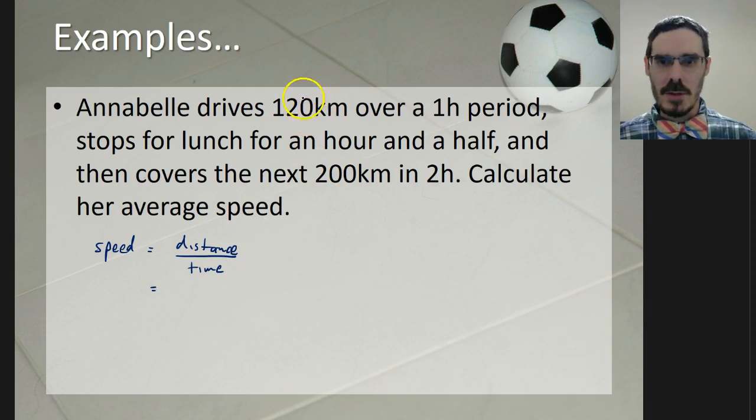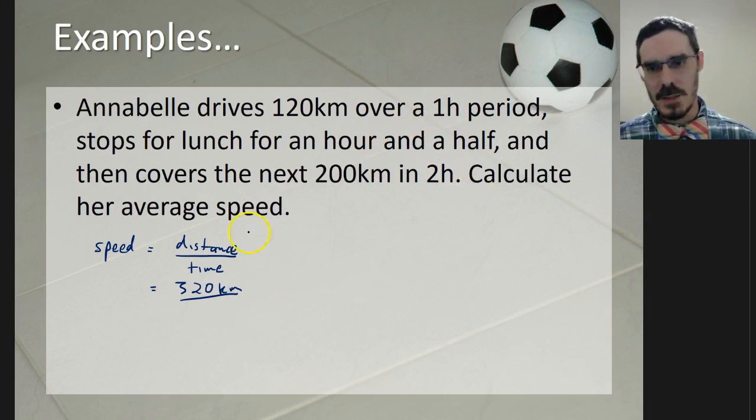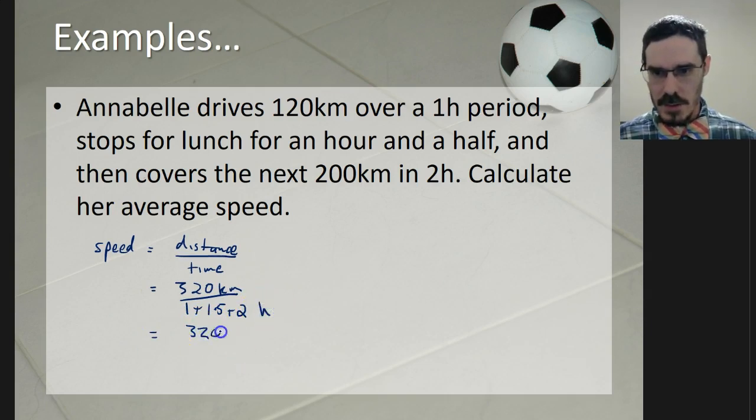So Annabelle travelled 120 plus 200, or 320 kilometres. And it took her 1 hour plus 1.5 hours plus 2 hours, 1 plus 1.5 plus 2, which is 320 divided by 4.5 hours.